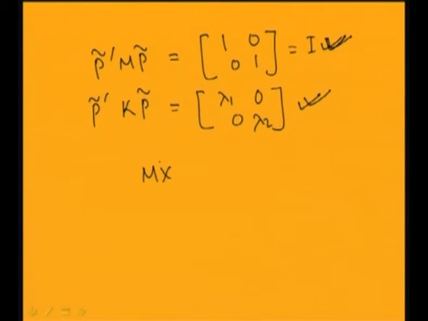So let us take the generalized equation M x double dot plus K x equals 0. Now substitute x equal to P weighted modal matrix times y. By substituting, this equation reduces to M P y double dot plus K P y equals 0.